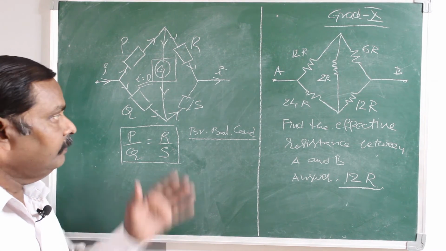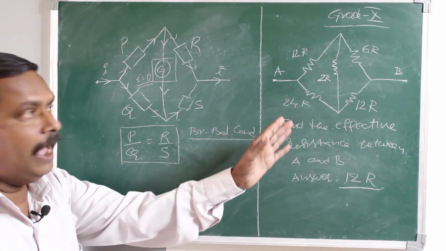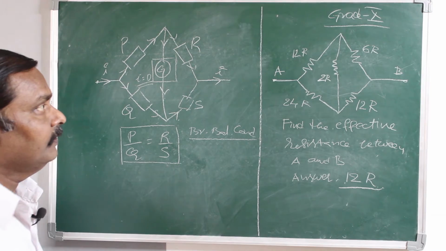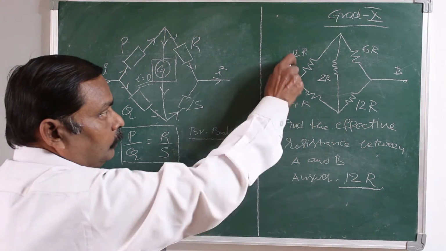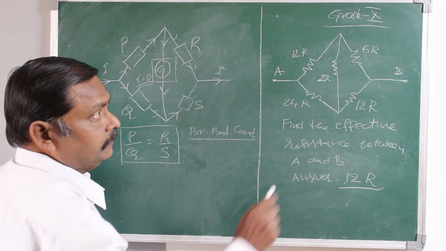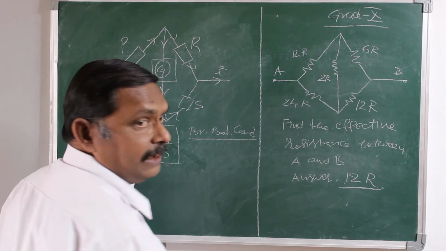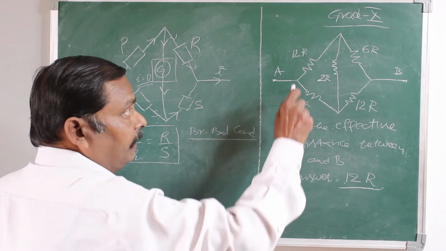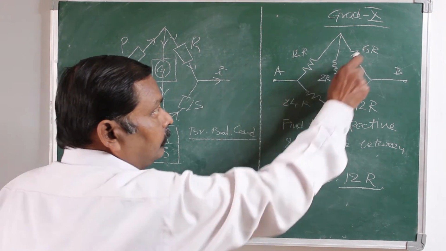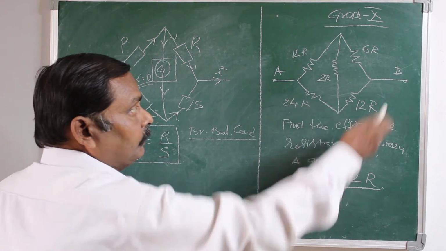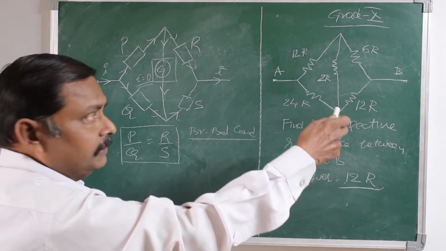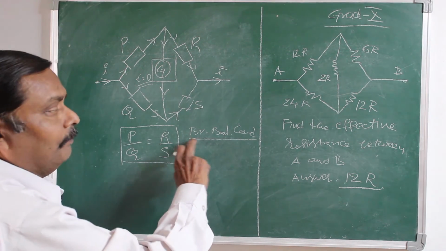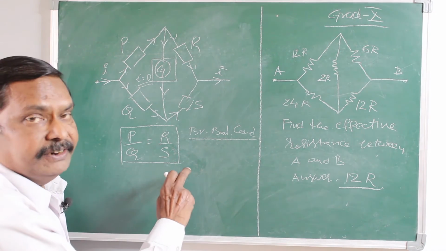Now let us see how this principle is linked to this question. Observe the resistors carefully. 12R by 24R, 12 by 24 is 1 by 2. 6 by 12 is also 1 by 2. So here we have P by Q is equal to R by S. So the loop given in the question resembles the bridge balancing condition of Wheatstone's bridge.